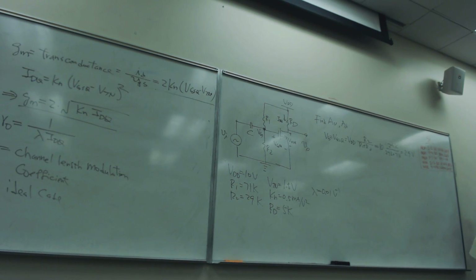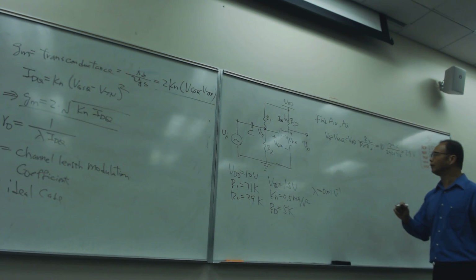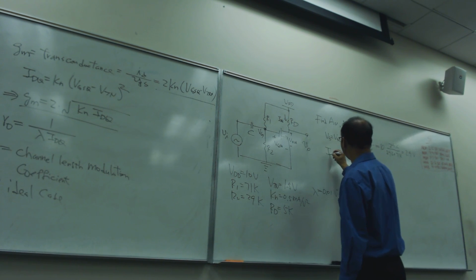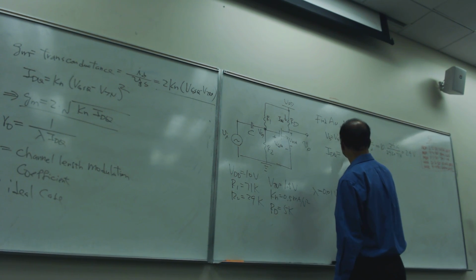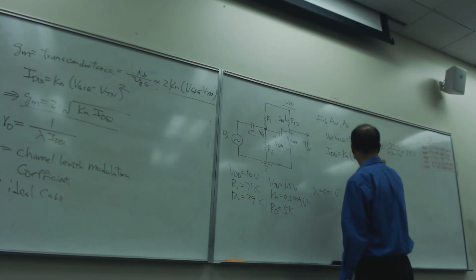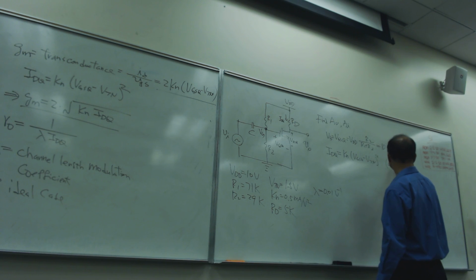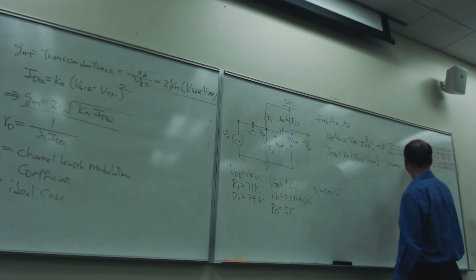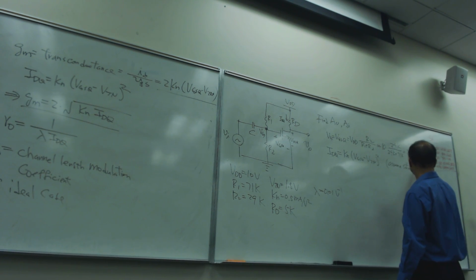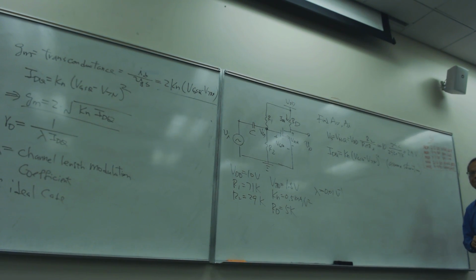VGSQ. Now, IDQ is equal to Kn times (VGSQ minus VTN) squared, if I assume saturation, so we have to verify this later.